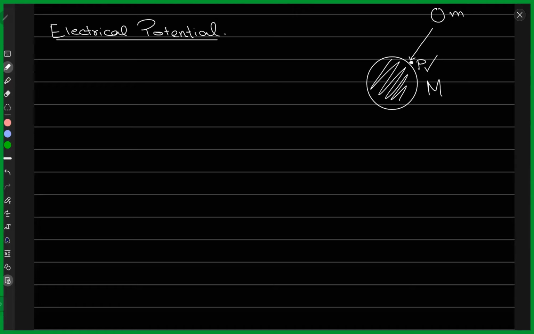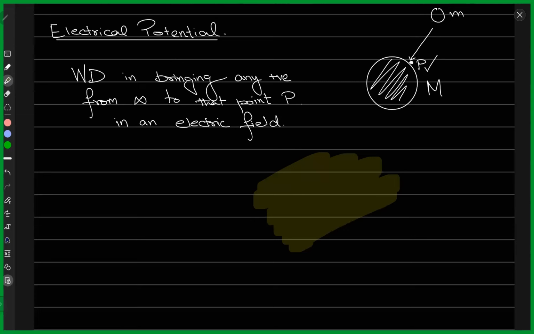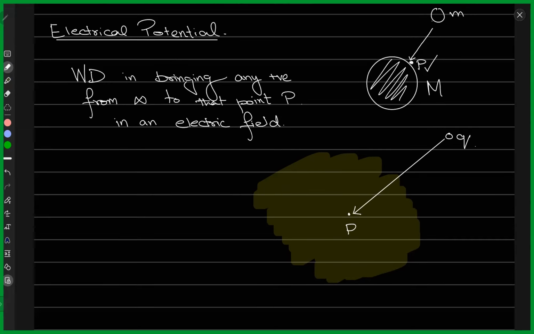This is the point P, and this charge has to come to this point P. The work that I'll have to do in bringing this charge to this point P in the electric field is defined as the electrical potential at this point P, right? So this is inside the electric field. Is that clear? Does that make sense?